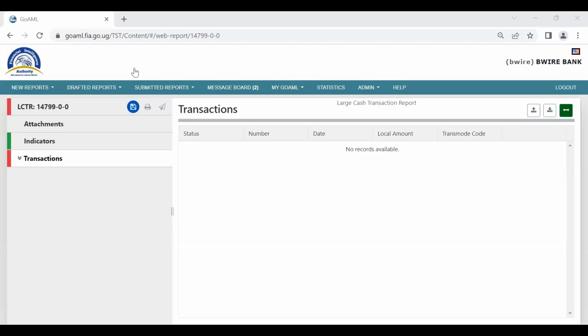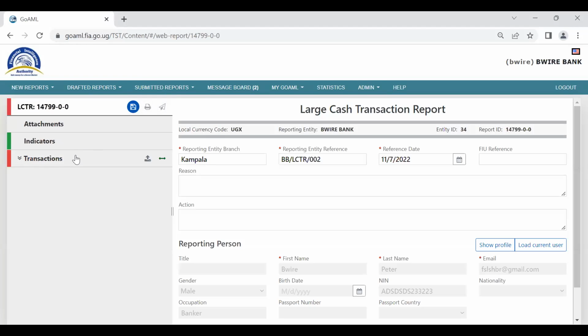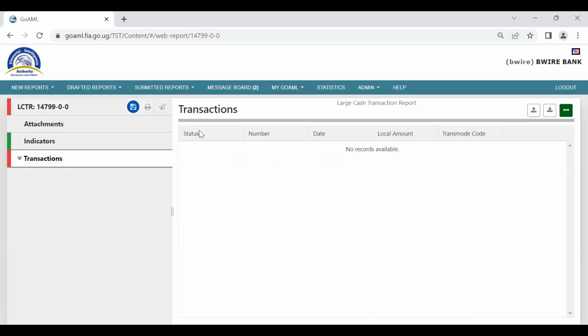What do you mean? That reference number, you put internal reference number. Reporting entity reference or the internal reference number on transactions? On transactions. We haven't got there, so we'll get there. We are going to capture one transaction. You'll see, we'll get there.